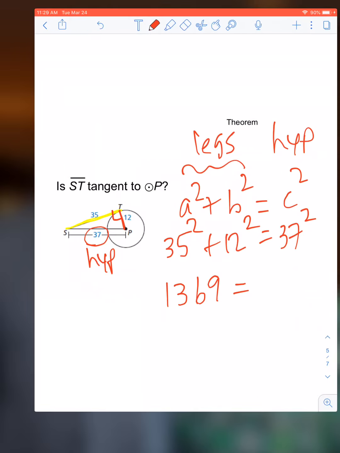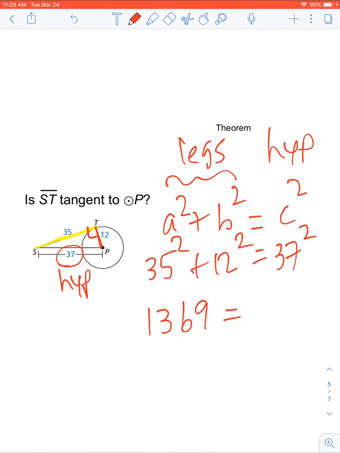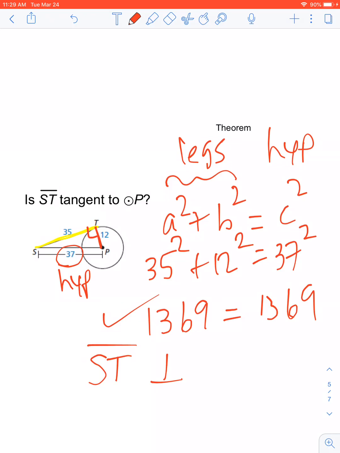All right, let's figure out 37 squared. Also 1369. So those agree. Therefore, ST is perpendicular to PT. Therefore, yes, ST is tangent to circle P.